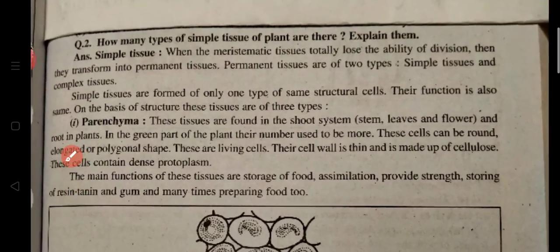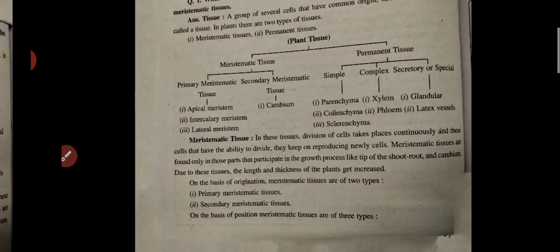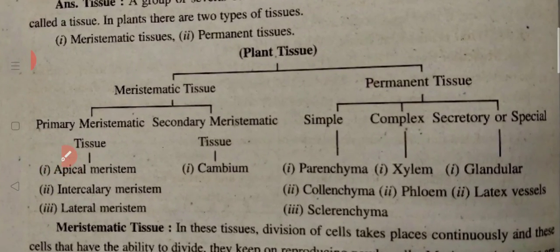And now we will study about the permanent tissue. Permanent tissue are those tissues whose cells lose the ability of division.